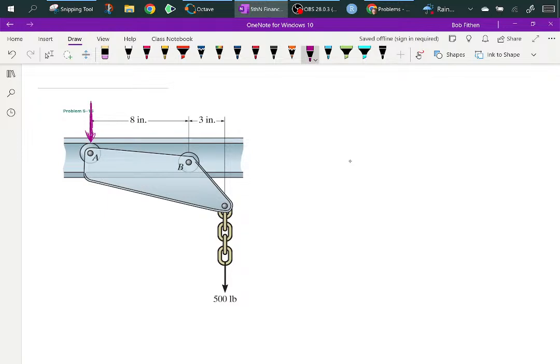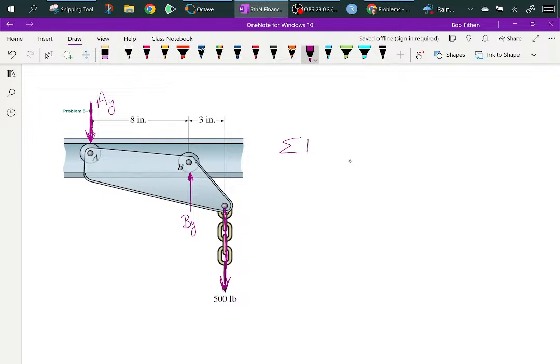So I'll call it A, Y. That's it. This flange has to put a force back on this point B this way. This will be BY. And then, of course, this is already putting a force right here. It's 500 pounds. And that's pretty much it.